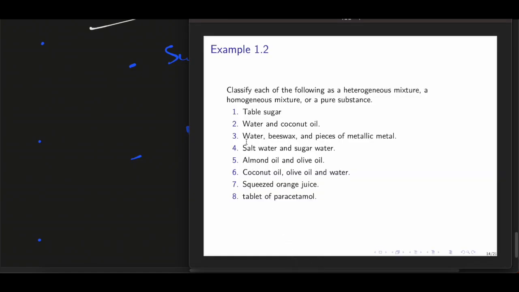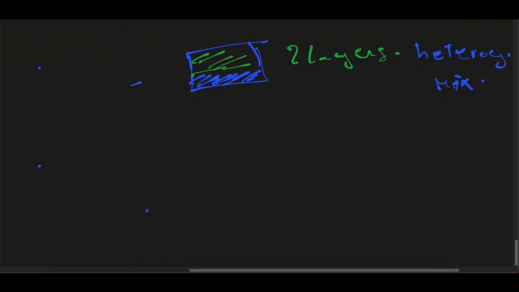Third experiment, we have water, beeswax, and pieces of metal. If we have water and we add to it beeswax, for example, we'll find that beeswax isn't soluble in water.